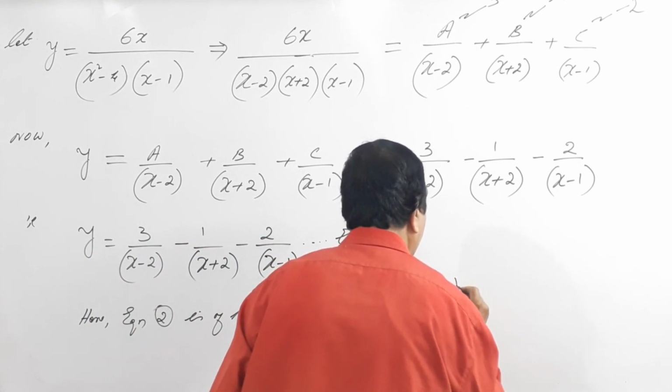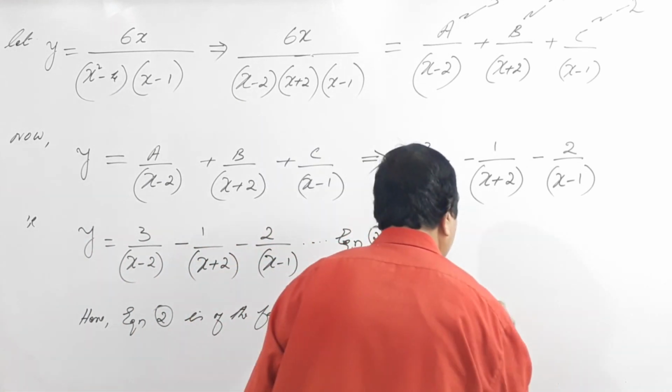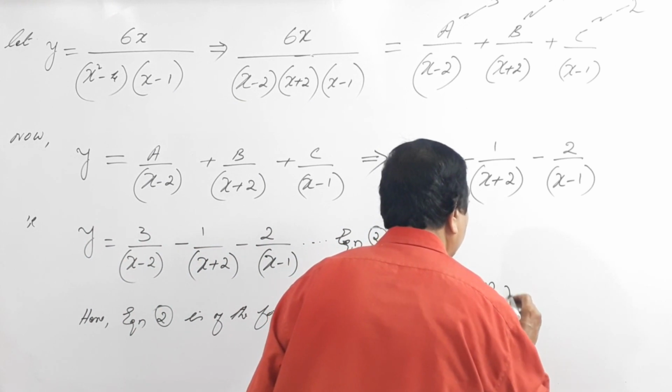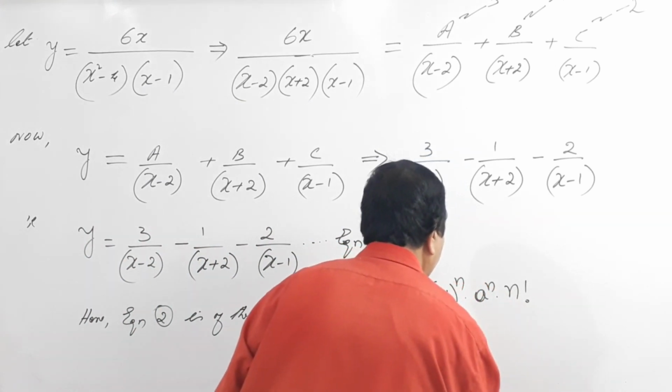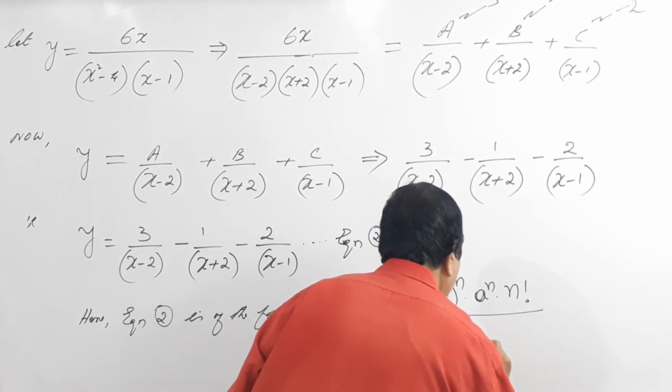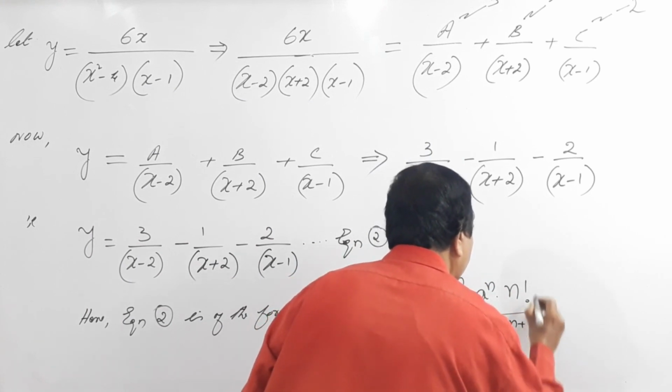Minus 1 to the power of n into a to the power of n into n factorial divided by ax plus b to the power of n plus 1.